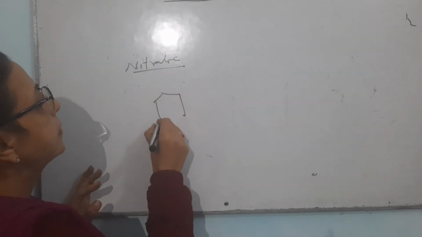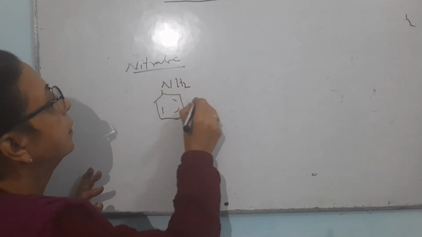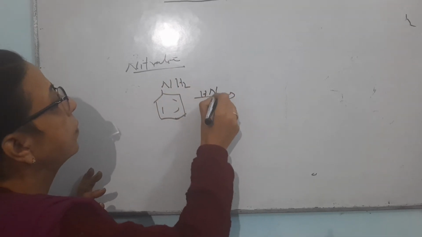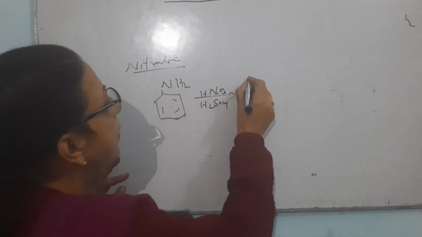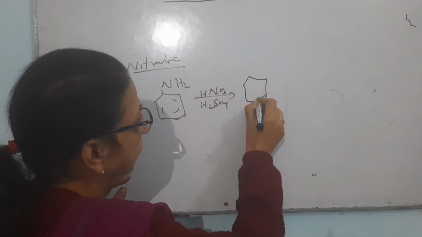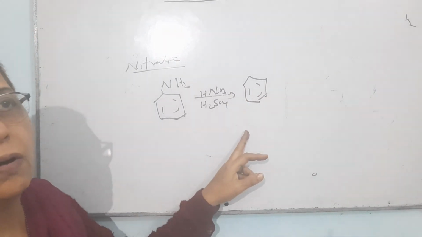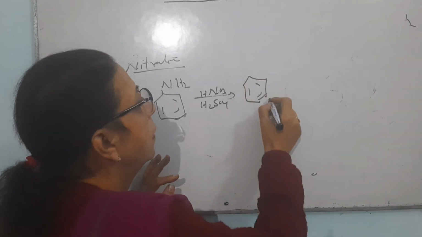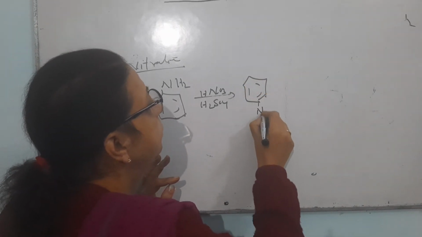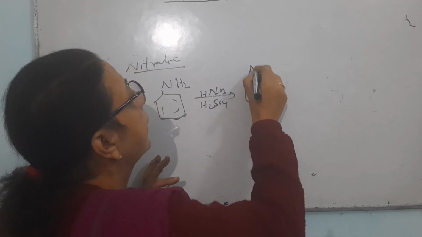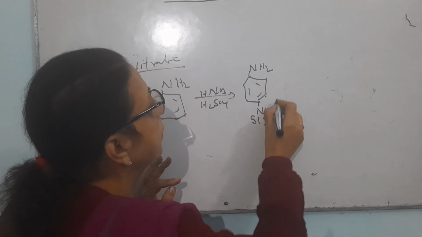The reaction is done for aniline in the presence of HNO3 and H2SO4. There will be formation of a nitro product at the para position, with NH2, that is 51%.